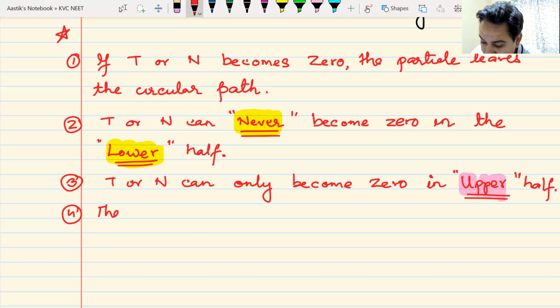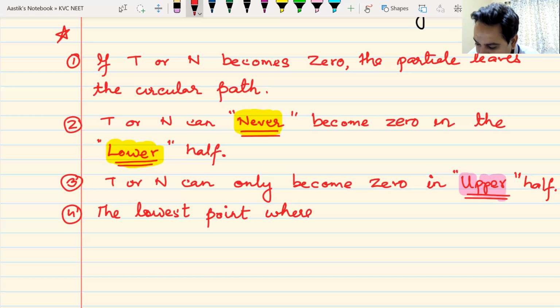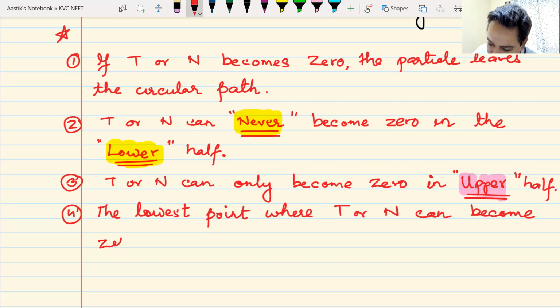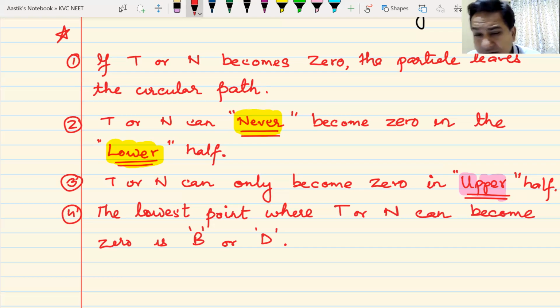The lowest point where T or N, I'm talking about both, can become 0 is B or D. These are the lowest points where your tension can become 0.